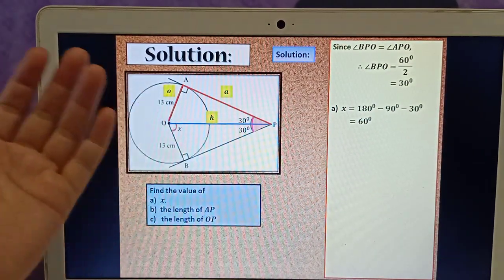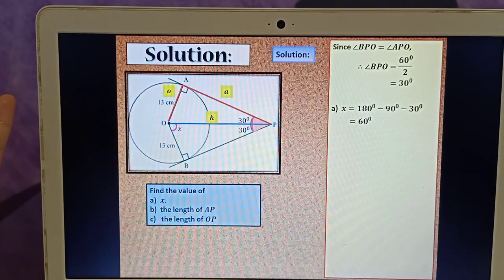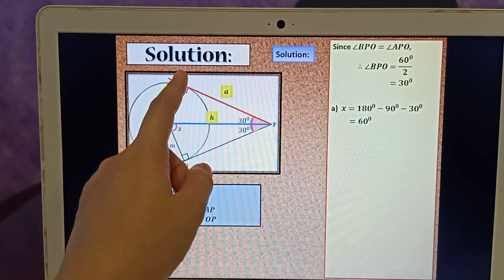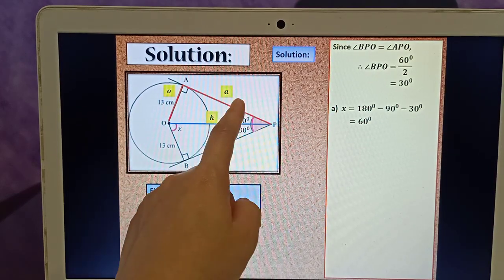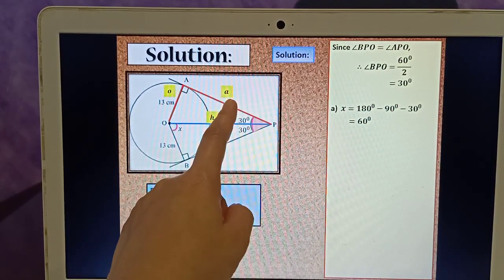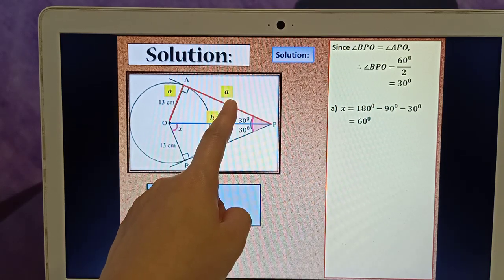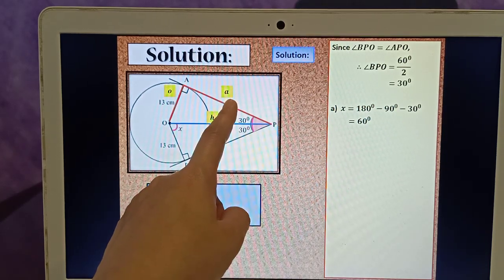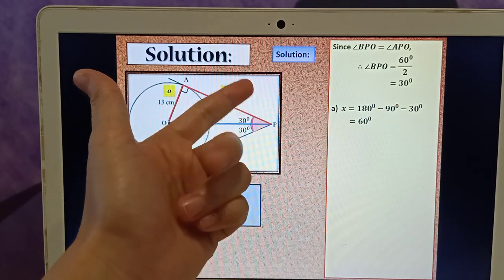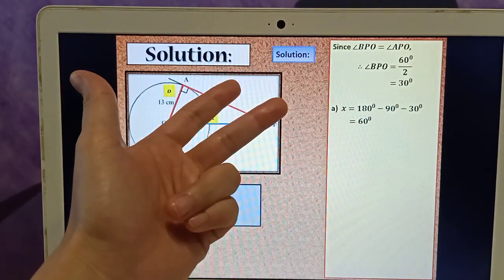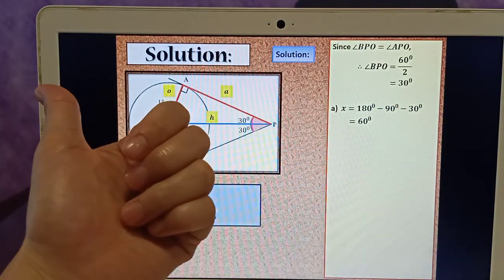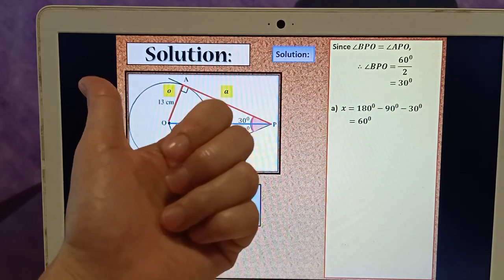So now, which trigonometric ratio should be used? Sin, cos, or tangent? I need to know what I want to find, right? I want to find AP, so it is regarding adjacent. So I need to use a trigonometric ratio that is concerning the adjacent side. SOH CAH TOA, I need the A. So SOH is out already because there's no A there.